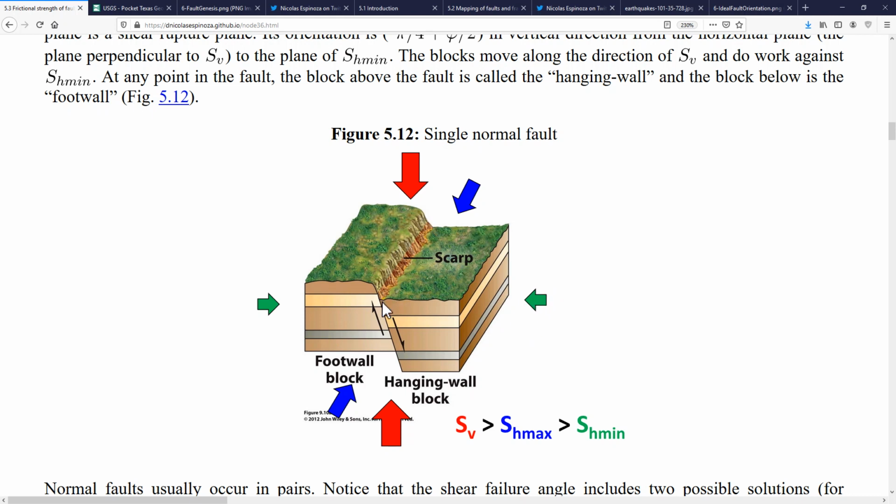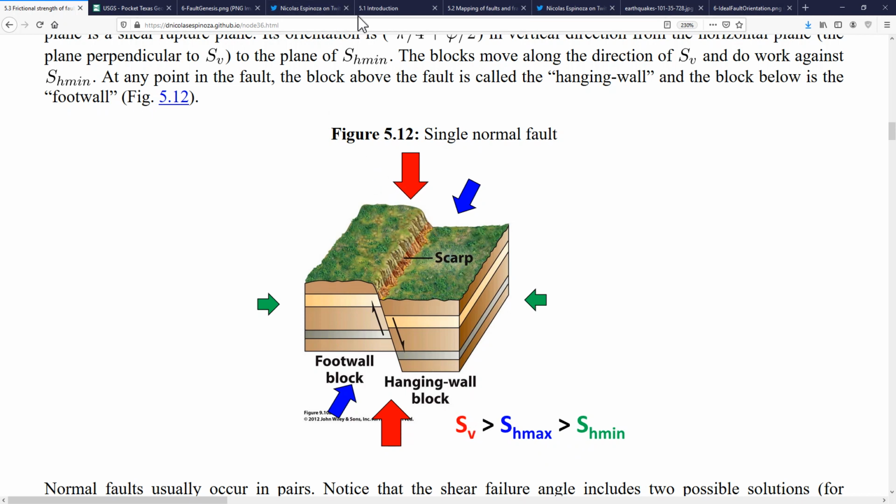That's why the strike of this fault is perpendicular to the direction of the minimum principal stress, and also that's why the angle here of the dip is 60 degrees with respect to the horizontal plane. This is a normal fault, and this is what happens in a setting which is usually called an extensional setting, which has the two horizontal stresses lower than the vertical stress.